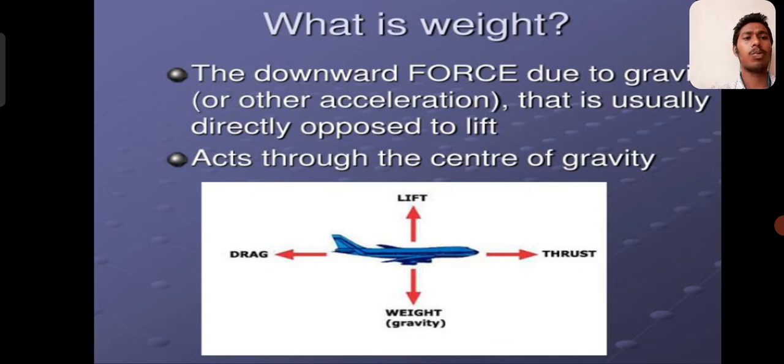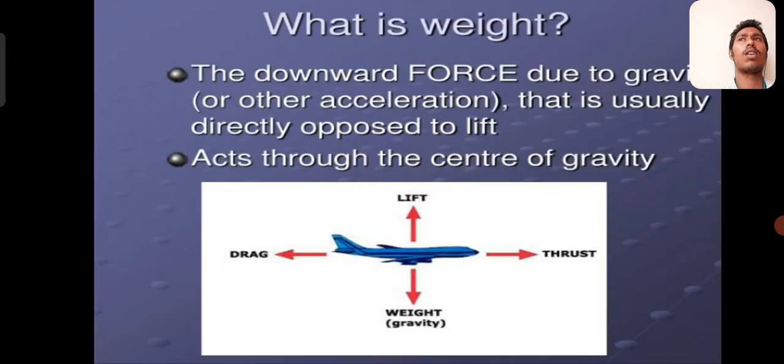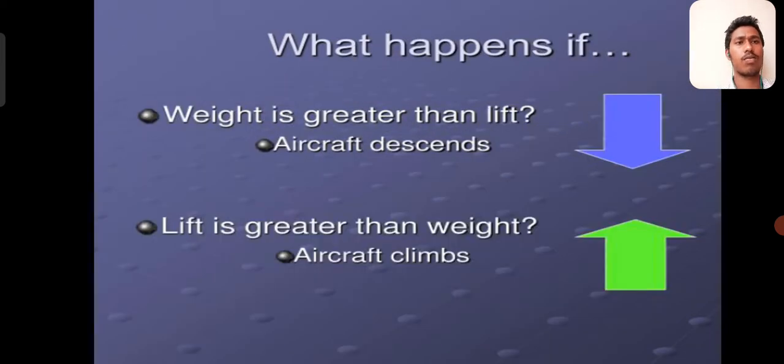Upwards acts as lift, downwards as weight, forward as thrust and backward as drag. These four forces are balanced for an aircraft to fly or land in cruise levels and in various processes.